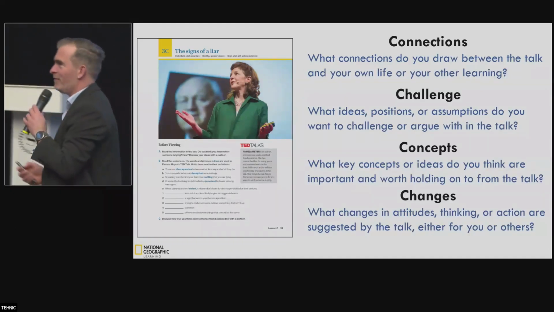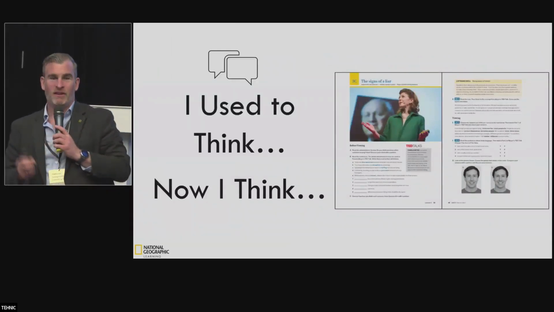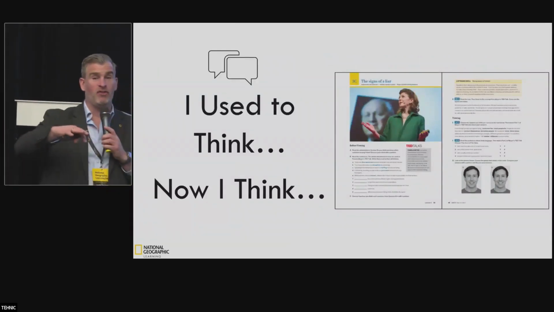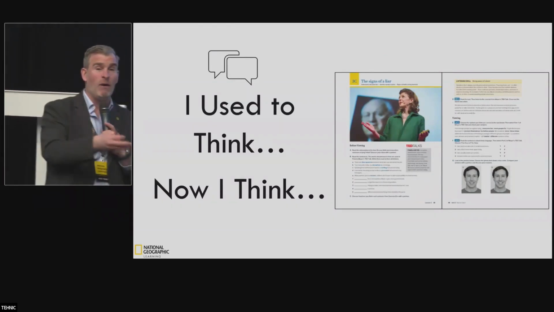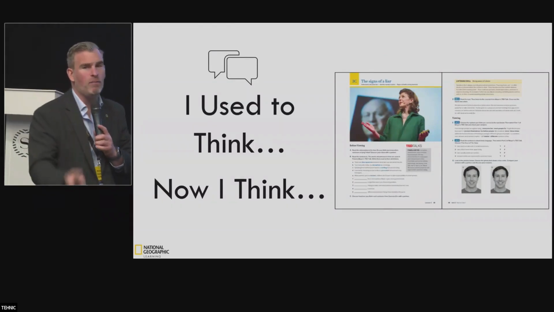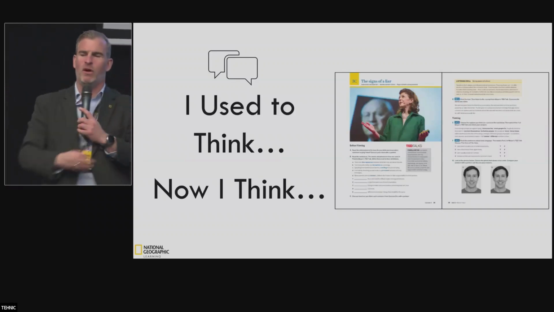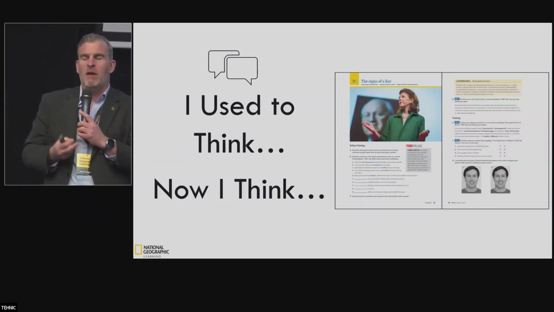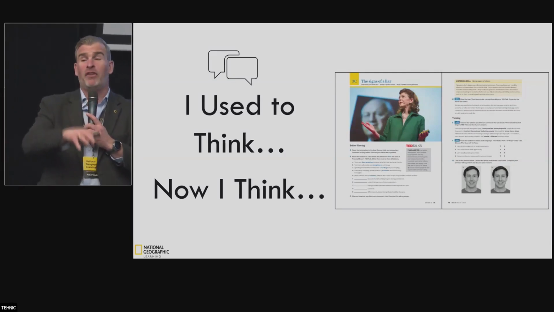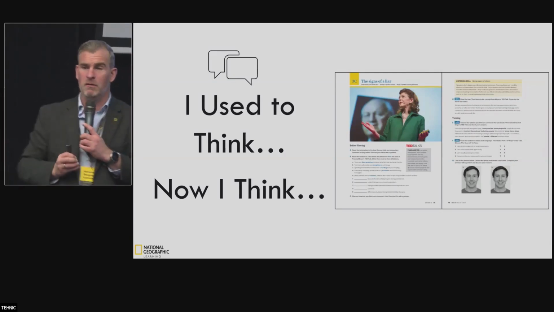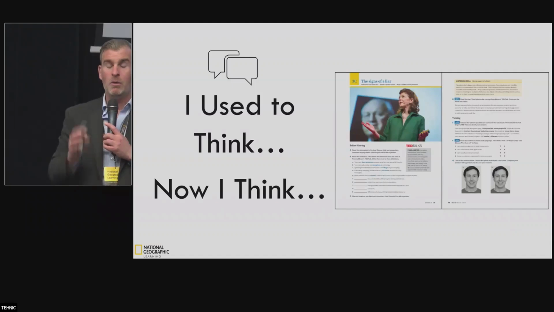Okay, how are we doing for time? 5 minutes, perfect. A couple more activities. This is a really good one just to finish on when you've done a TED Talk. I used to think, now I think. How have your views, how have your opinions changed? So it's similar to the changes one in the 4 Cs, but as a standalone activity. I used to think this about spotting a liar. I was wrong.